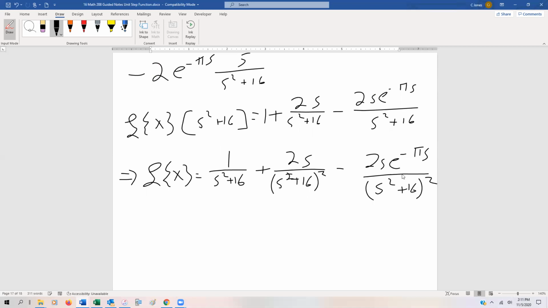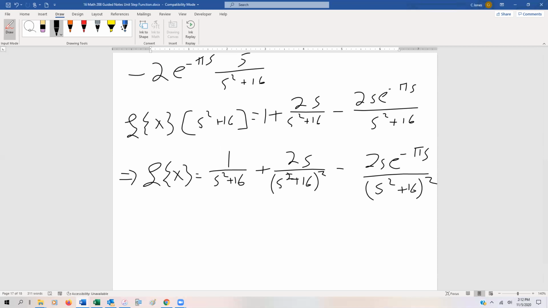All right, so now this looks really ugly, but there is some good news because now we're just going to take the inverse Laplace of each of these. And the good news is, if you look back at your table, a lot of these are actually really nice and easy. All right, so what we're going to do is we are going to prep these.